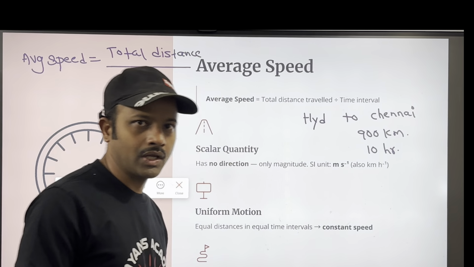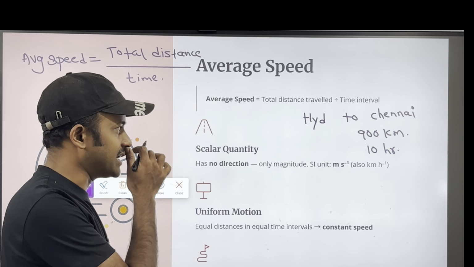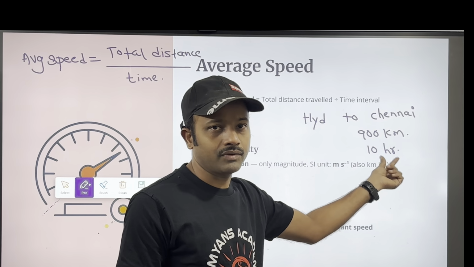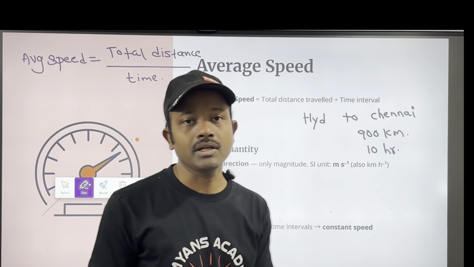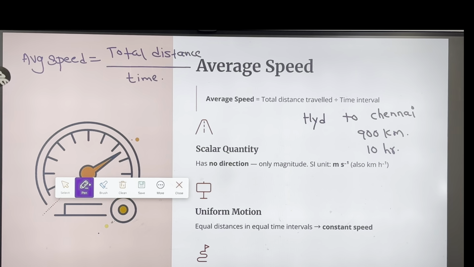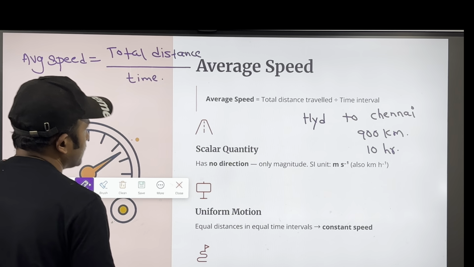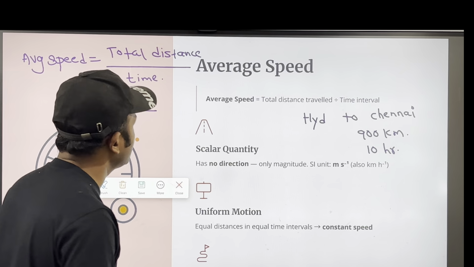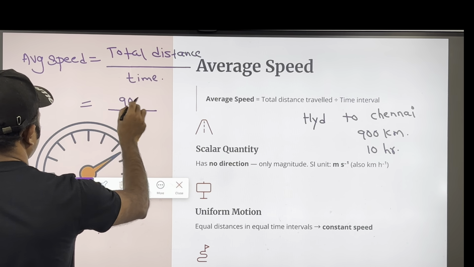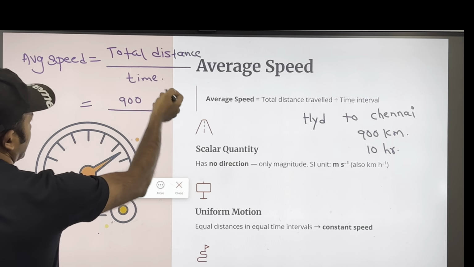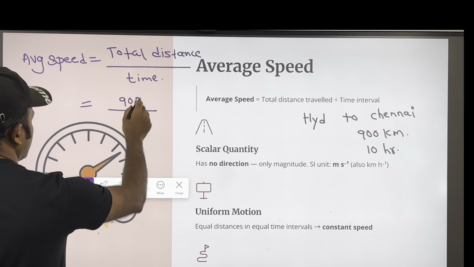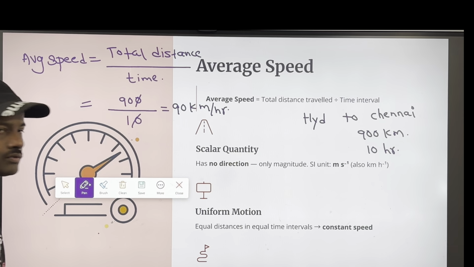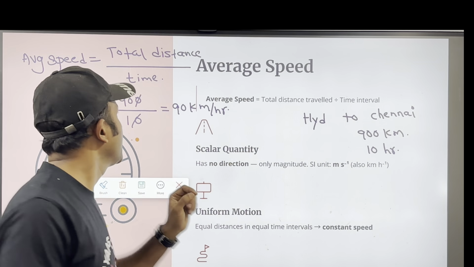Starting from Hyderabad to Chennai, how much time you are taking for this journey? 10 hours you are taking. Then in this case, what is your average speed? Always you consider the total gap between Hyderabad and Chennai, that is 900 kilometers, approximately I am taking this, and the time taken for journey is 10 hours. 0 cancel. Then your average speed becomes 90 kilometer per hour. So in this way, we have to consider the average speed.